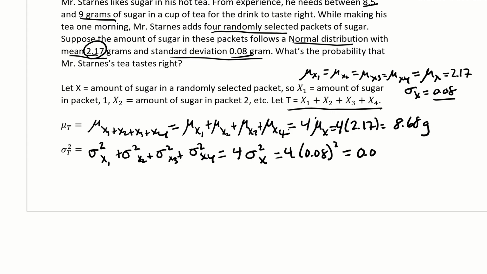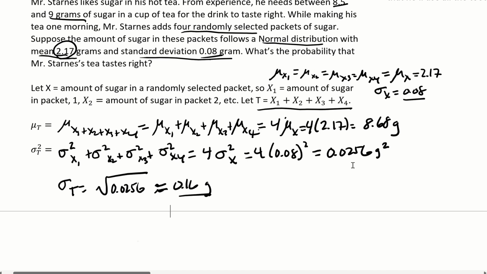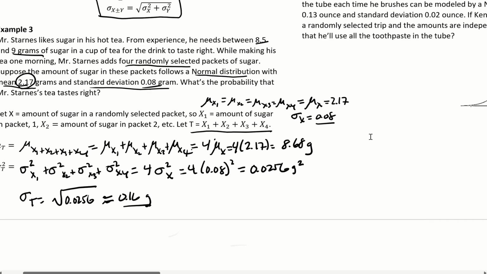Okay, so we get 0.0256 grams squared. And now to find the standard deviation, we simply take the square root of that number. We get 0.16 grams. All right, so we got the standard deviation and the mean, 0.16 and 8.68.